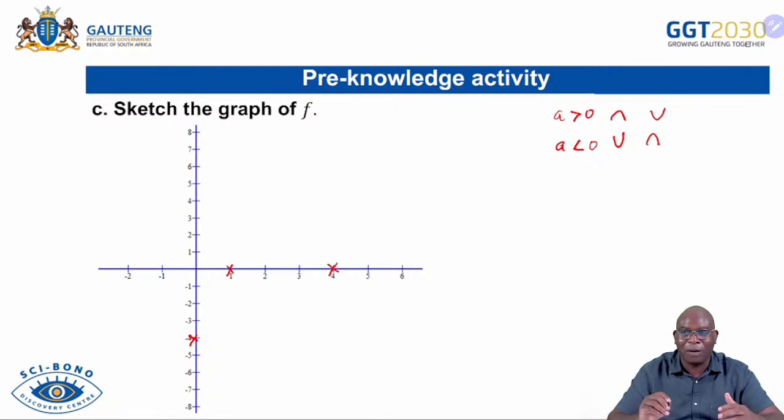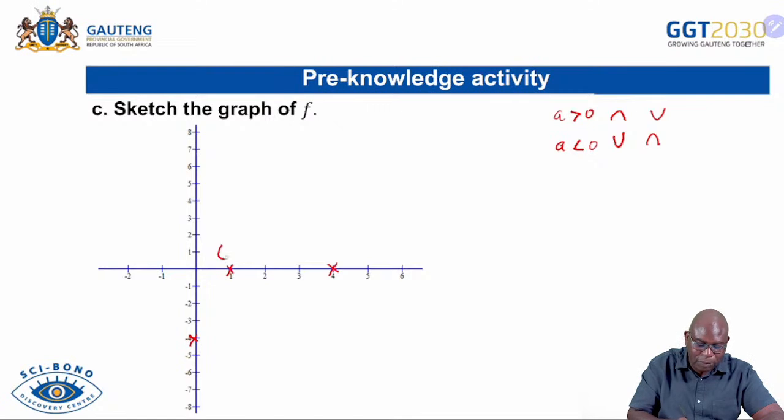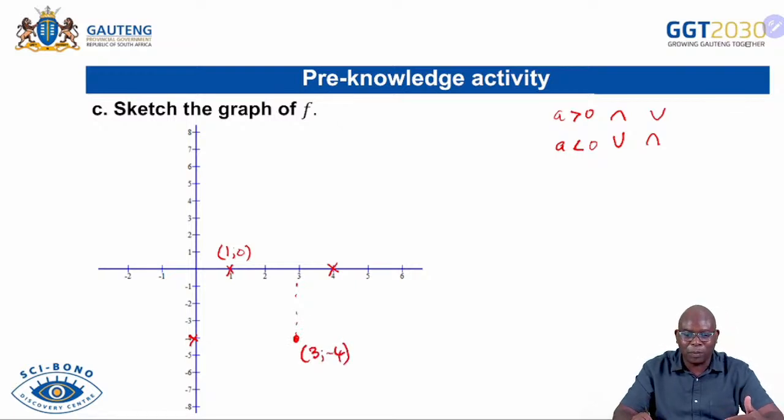Because when you have points, you just put the points and you don't know where to start and where to go. So the first turning point is 1 and 0. The second turning point that we have there was 3 and -4. So now we have the two turning points. The first turning point, we said when a is greater than 0, it's a cap.